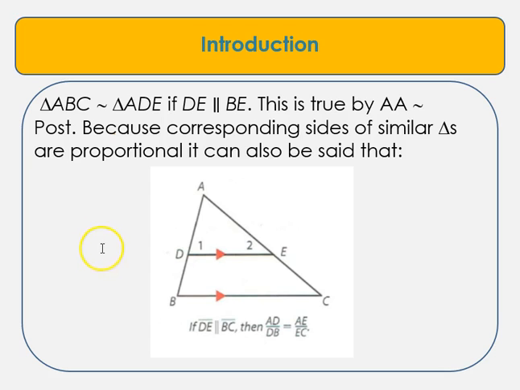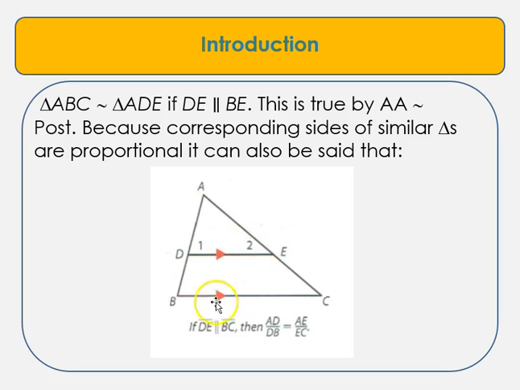So triangle ABC is similar to triangle ADE, and we've seen this type of triangle just a little bit ago. Both triangles share angle A, and they have the characteristic of their bases being parallel to each other.